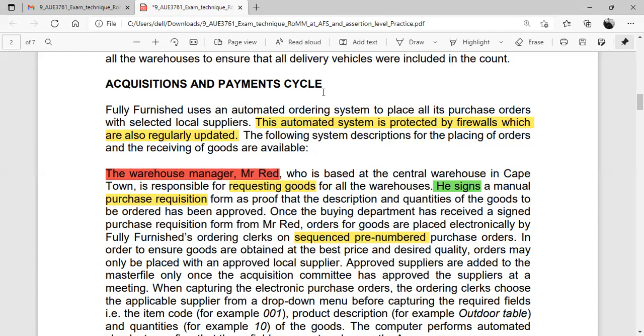Inspect. Yeah. You can be 100% correct and still lose marks for not using the correct terminology. So we don't check, but we inspect. So you would inspect signatures of Mr. Reid. Okay, thank you. Thanks for reminding me.